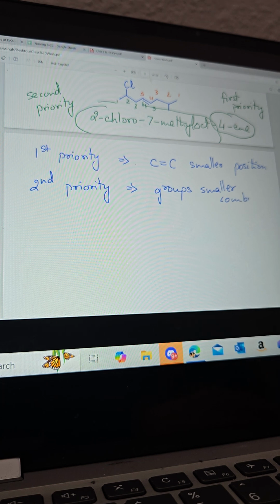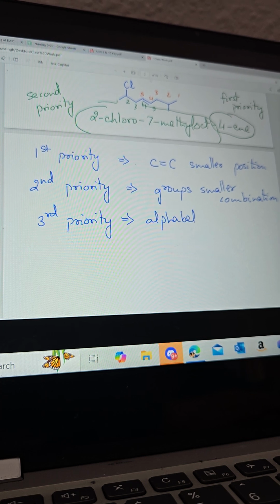And if that is also going to be the same, such as in the previous example that we did, then alphabetically the smaller group gets the smaller number.